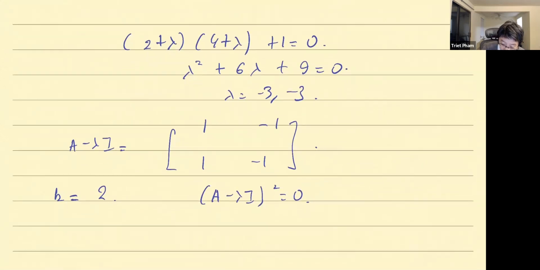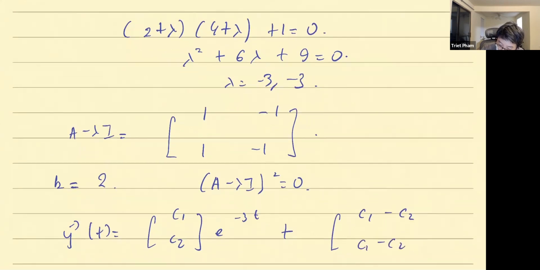So what's my solution? y of t is (C1, C2) e to minus 3t plus (C1 minus C2, C1 minus C2) t e to minus 3t. I think this is the right solution. Can anyone verify with the book? But anyway, see how beautiful that is? I don't even have to solve for eigenvector and pseudo eigenvector. I still have to solve for eigenvalue.